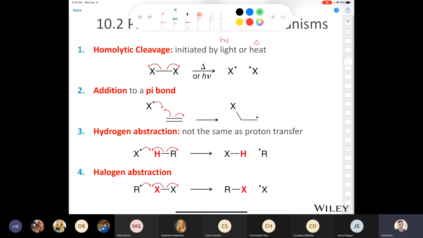So we'll form a new bond between what was the radical and the hydrogen, and we end up left over with a new carbon radical. We can do a halogen abstraction. That's where a carbon radical will take on a halogen atom from a halogen molecule, and you know what the halogens are, and we end up forming a new halogen radical. So that's 4. There's 6 of them.